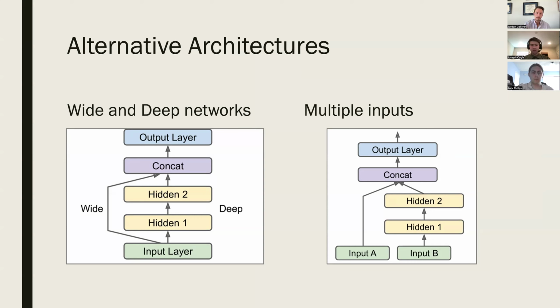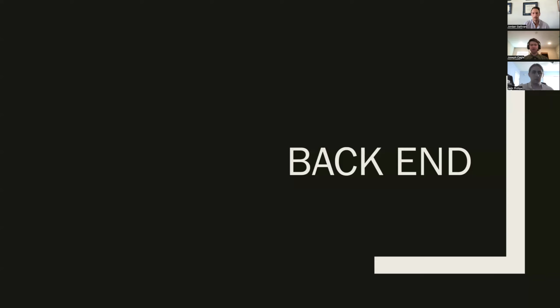Or additionally, in a similar vein, you could have the categorical one hot encoded variables as just a separate input, and then attach those somewhere else in the model. So those are definitely some good avenues for exploration in the future.